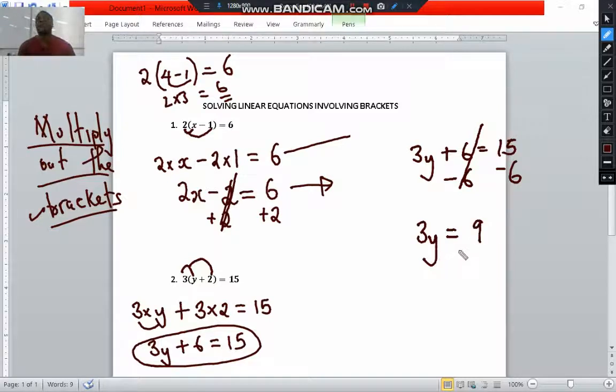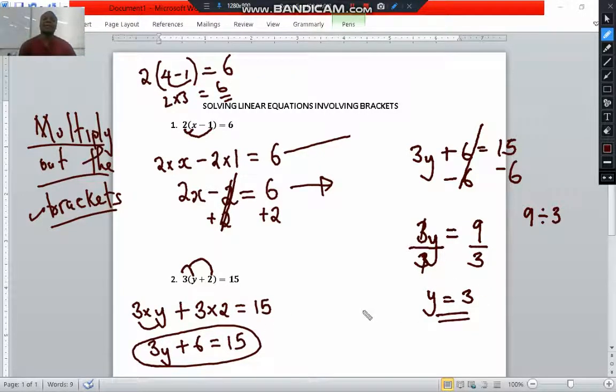Now we've got this 9 here, and we are trying to find y. But this y is being multiplied by 3. So the opposite of multiplication is division, so we are going to divide as we agreed yesterday, which implies that on our calculator we are saying 9 divided by 3. So if we do 9 divided by 3 there, you'd find that your y is equal to 3.